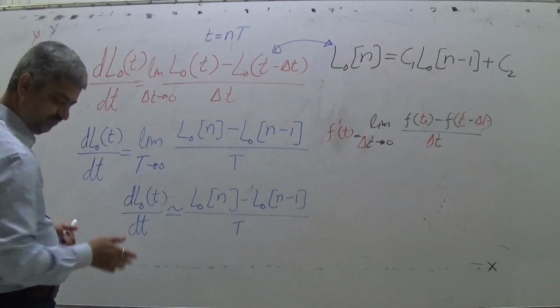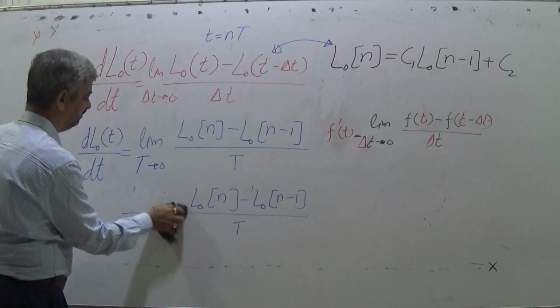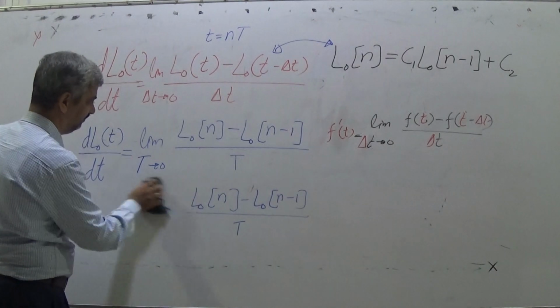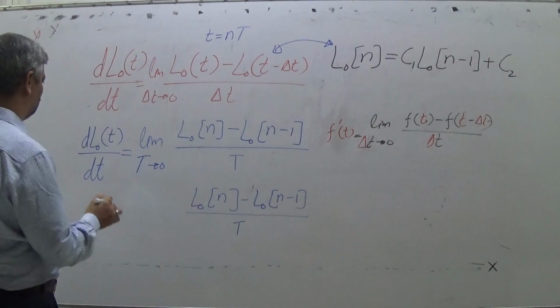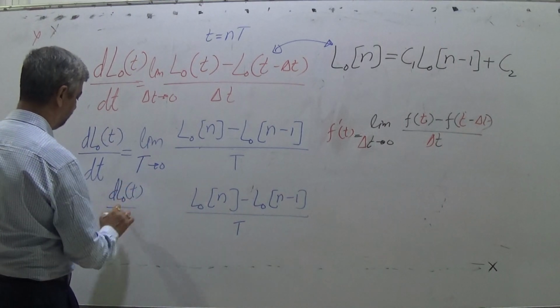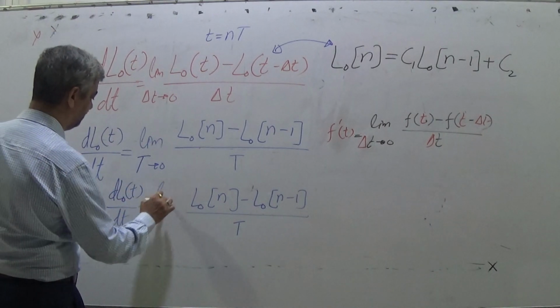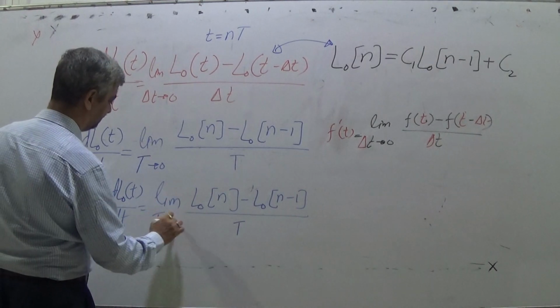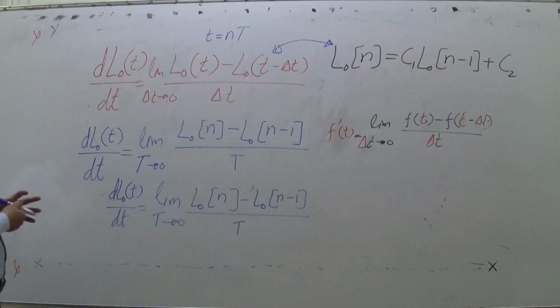Or if you want, you can have the limit also on this side: dLOt by dt is equal to limit as capital T tends to 0. Now we can remove the limit if we get rid of the denominator.